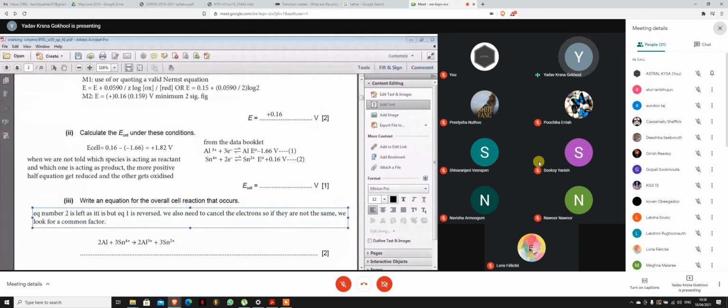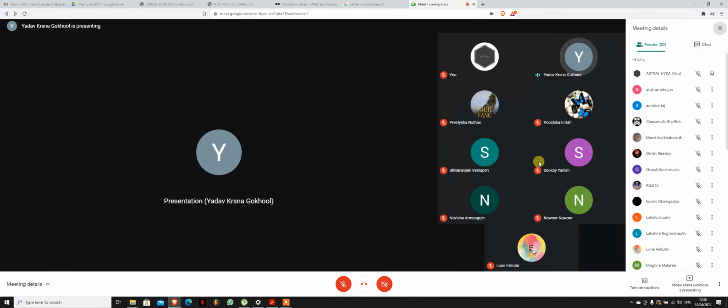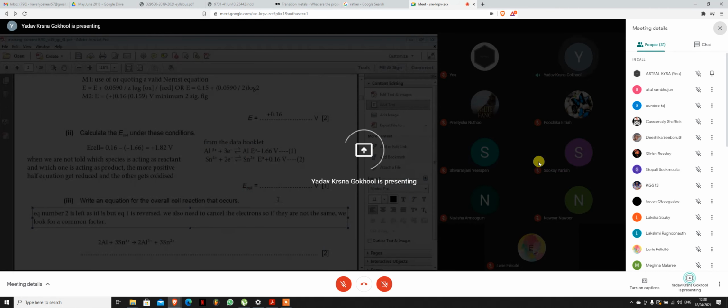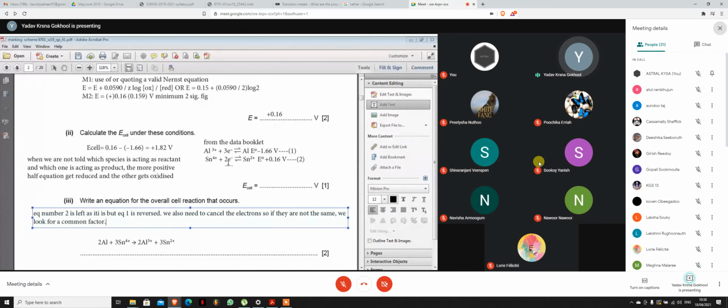So here the common factor is 6, I think so, isn't it? So 3, 2. Okay. So multiply equation number 1 by 2 and equation number 2 by 3.